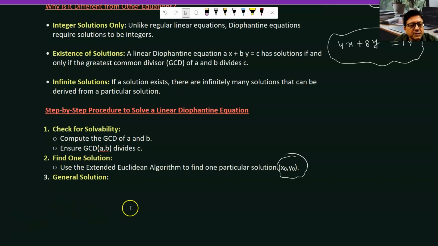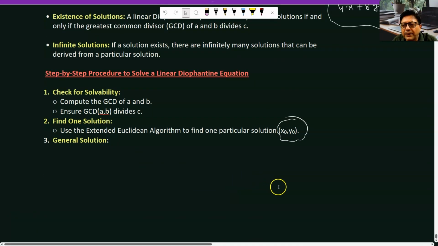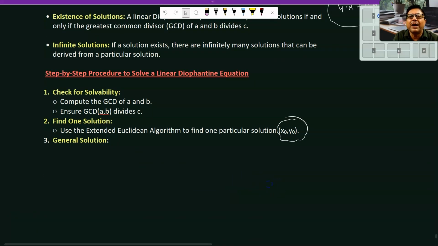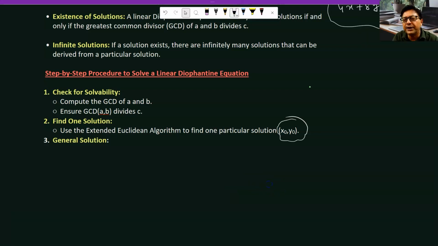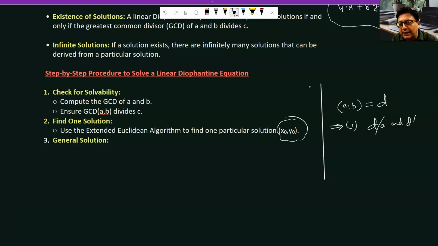Okay? Before I start solving a problem, I have to remind you of one very important thing, the concept of GCD, which we did in the first session. The GCD of two integers a and b, we write as d. This implies, number 1, d divides a and d divides b.